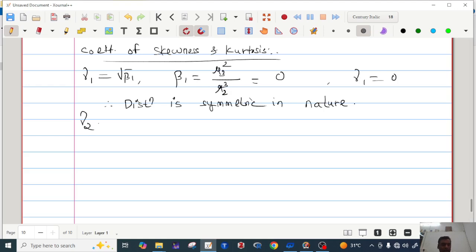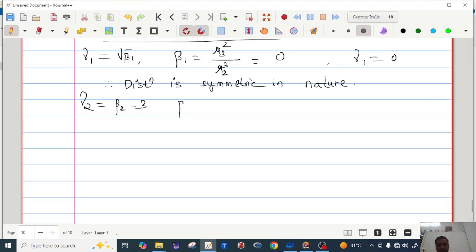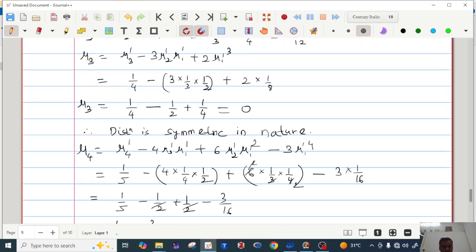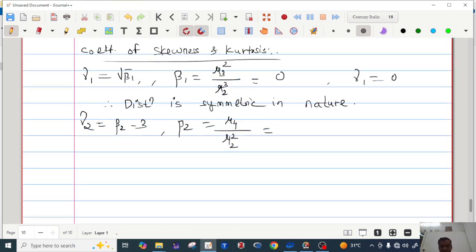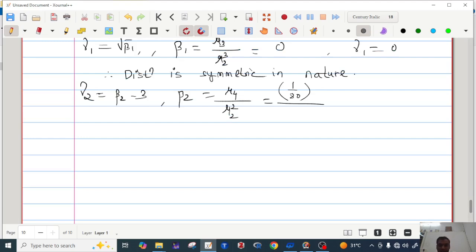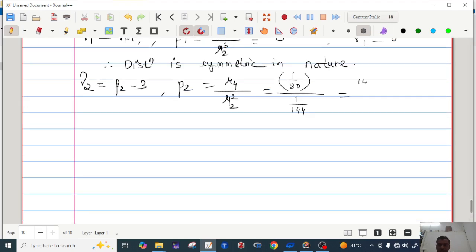Now, gamma 2 is equals to beta 2 minus 3. What is beta 2? Mu 4 upon mu 2 square. mu 4 आणि mu 2 ची व्हॅल्यू काय आलेली आहे ठिकाणी बघा. mu 2 is 1/12, mu 4 is 1/80. mu 2 is 1/12, 1/12 square, 1 upon 144 upon 80.